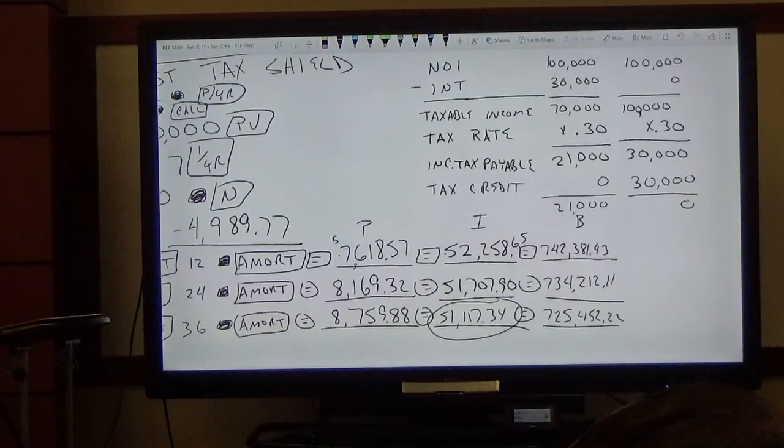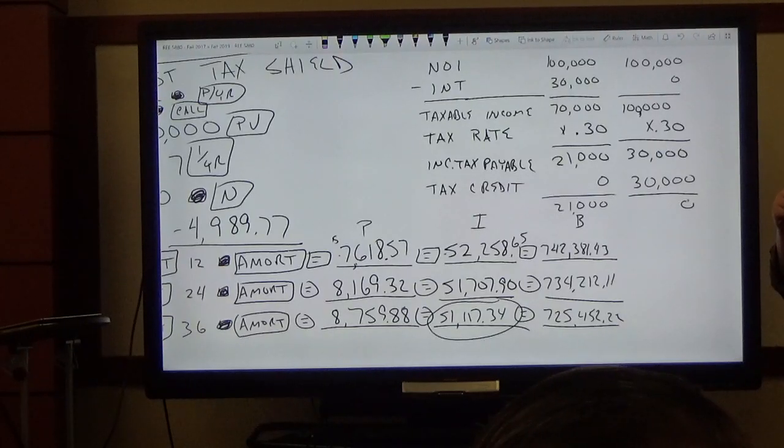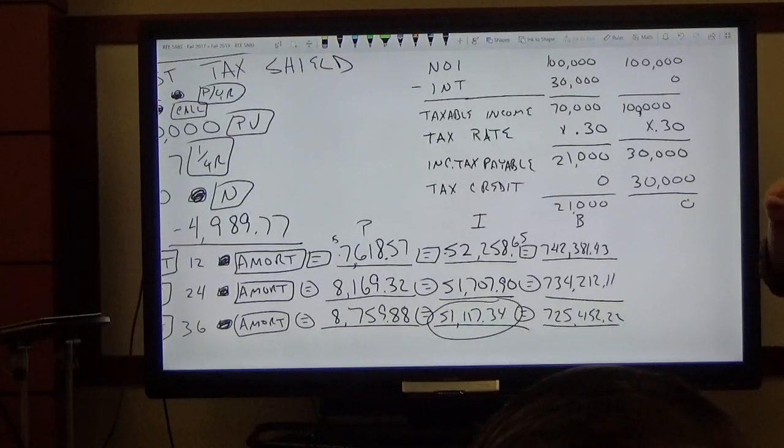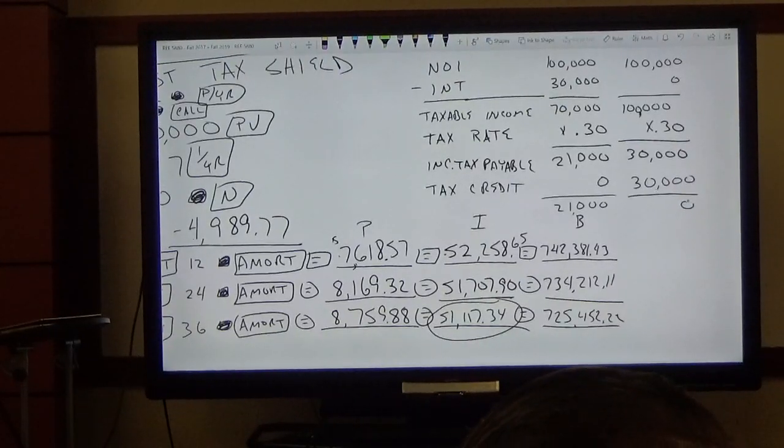The pricing is going to be completely dictated by their marginal tax rate. And as I said, they're going to pay you maybe 90 cents on the dollar of the value of those to them, maybe 95.